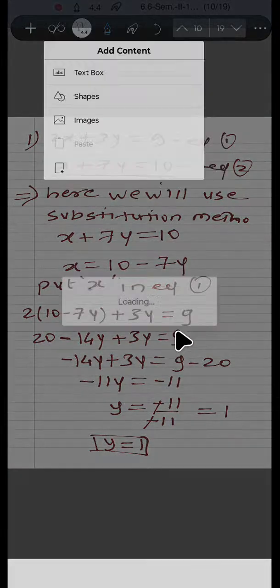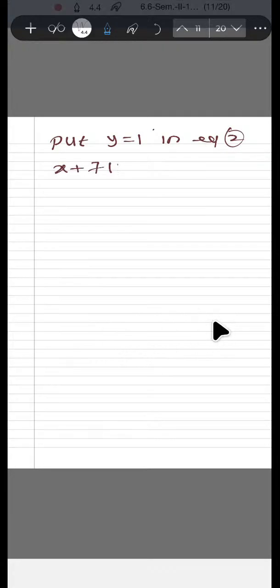Here we have found the value of y. Now what we have to find is the value of x, because that is the question. So put y is equal to 1 in equation number 2. The second equation says x plus 7 into 1 is equal to 10.